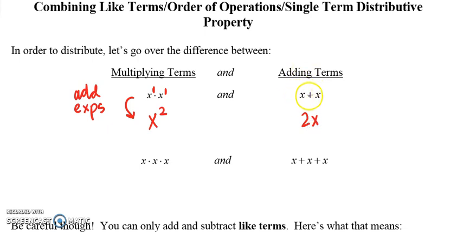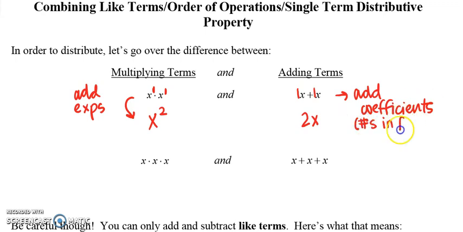Think about this. A spoon plus a spoon is 2 spoons. All right? There's a 1 on both of these. So here we're going to add the coefficients. Now, the coefficients are just the numbers in the front, in case you don't know what those are.